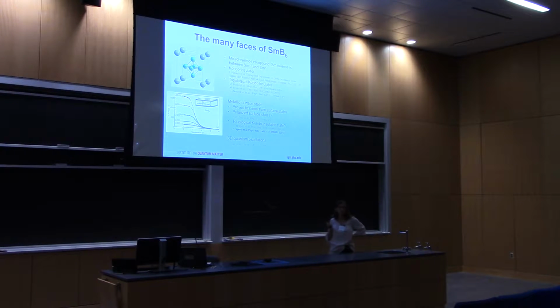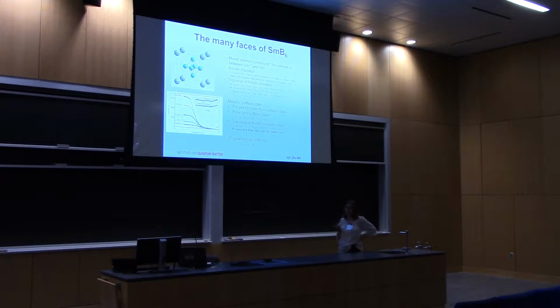So the compound was around for many, many years, and it's a mixed valence compound, which means that if you go with a fast probe, like X-ray, we see samarium 2+ and samarium 3+, and the slow probes see an average valence.